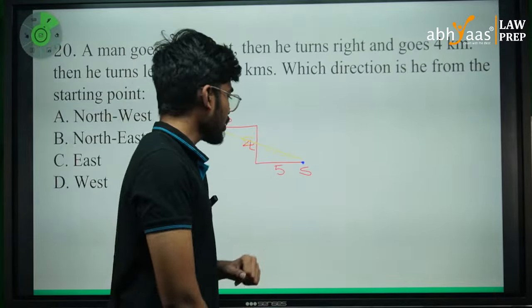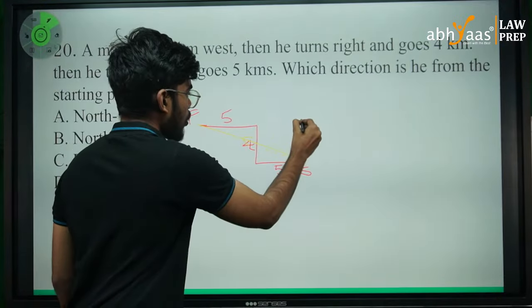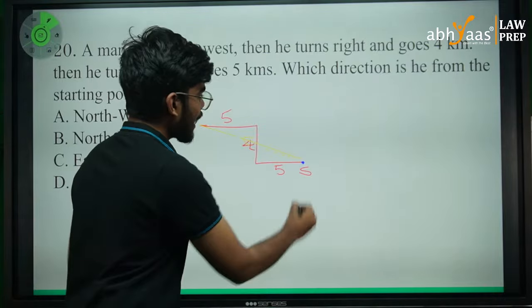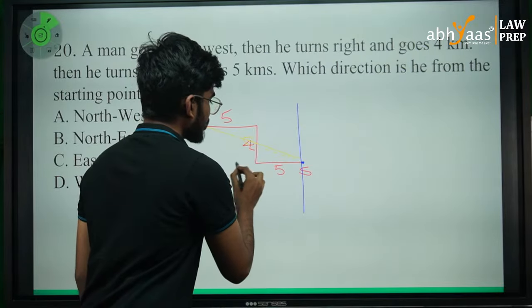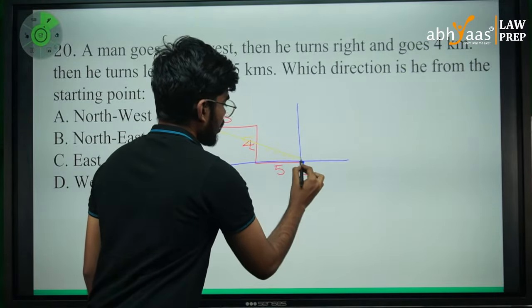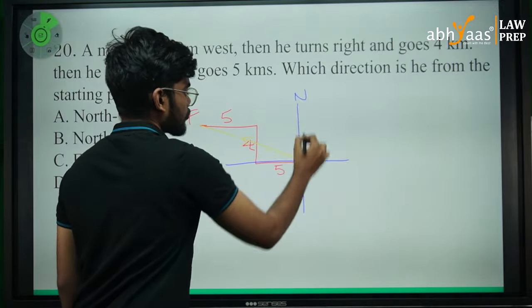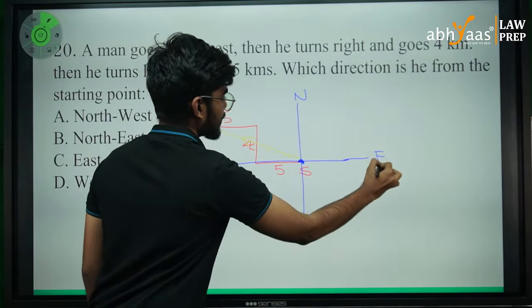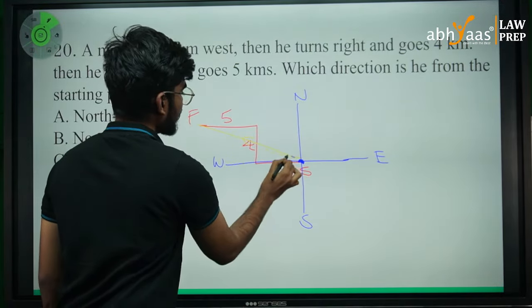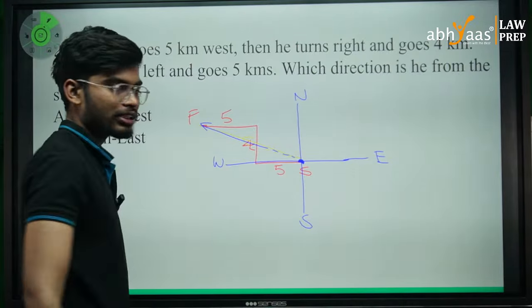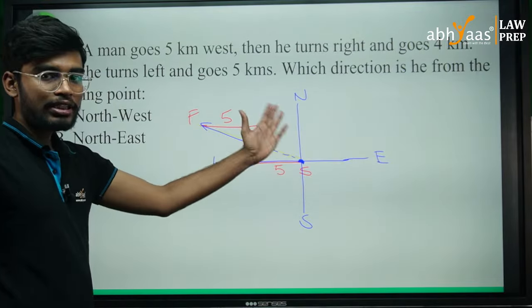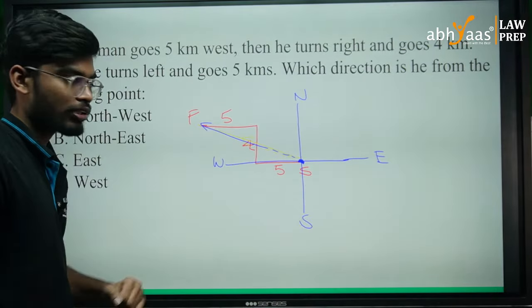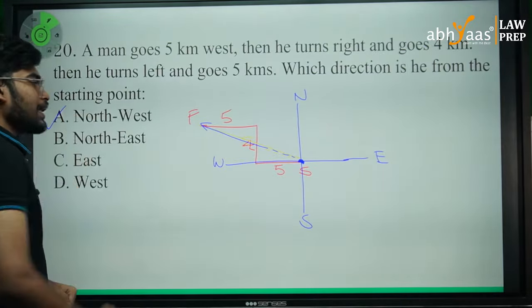As you are a beginner, you can place your compass exactly at the starting point. If you take this as reference, it is north, south, east and west. In which direction is it? It is towards northwest, right? It is upwards but towards the left. So it is northwest. So option A is the answer.